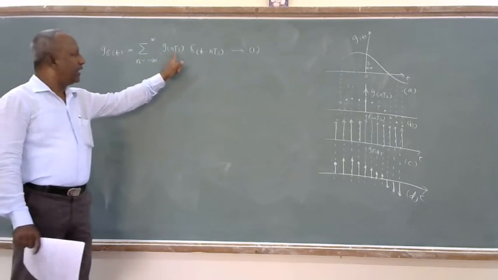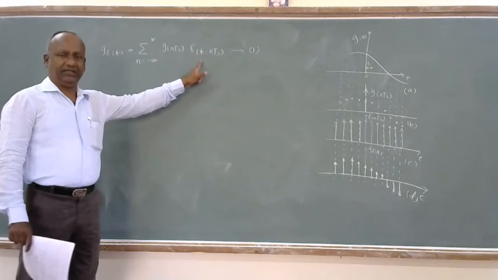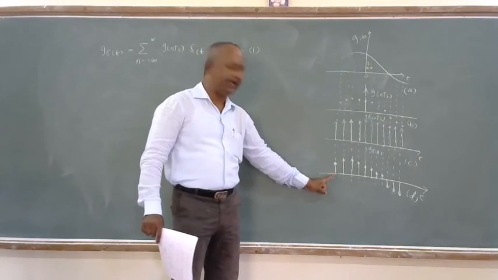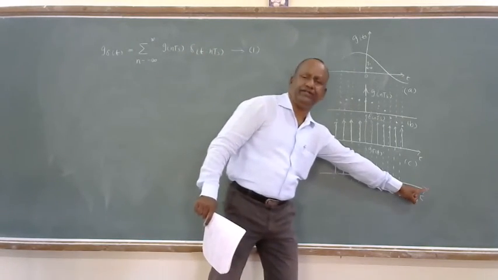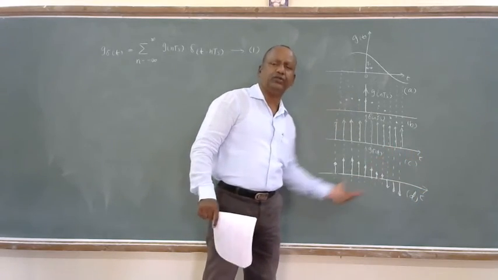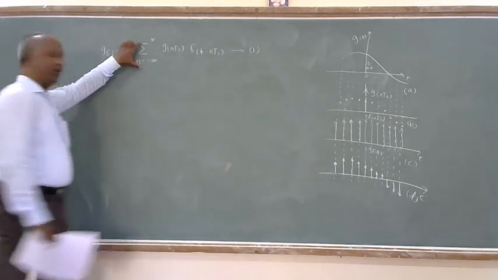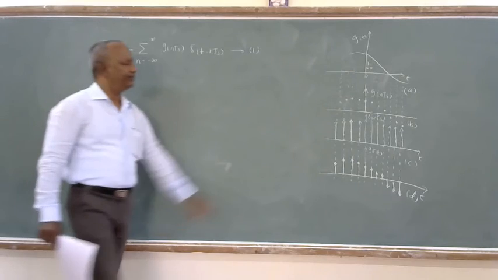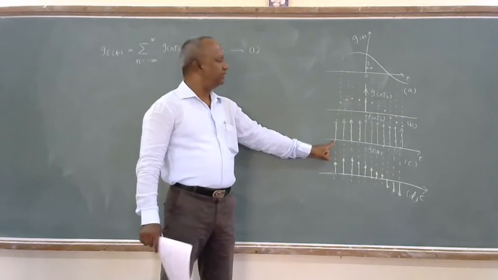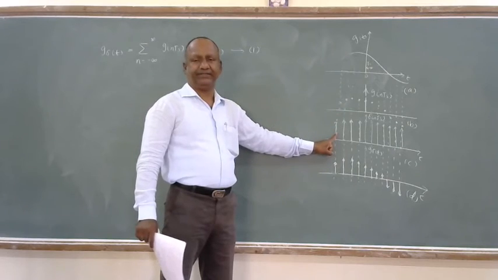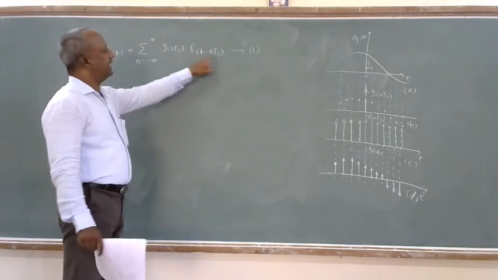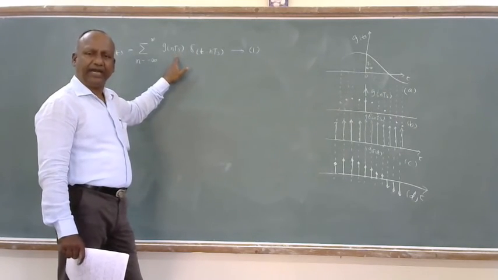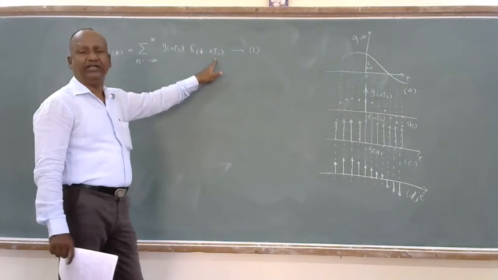So it is a product of figure B and figure C. The delta function is there from minus infinity to plus infinity because your n is varying from minus infinity to plus infinity. Therefore, it is a summation of the product of figure B and figure C, the corresponding components. The delta function at this point, the sample value at that point get multiplied. Therefore, nTs, nTs, 1Ts, 1Ts: z of t at 1Ts into delta of t at 1Ts get multiplied.